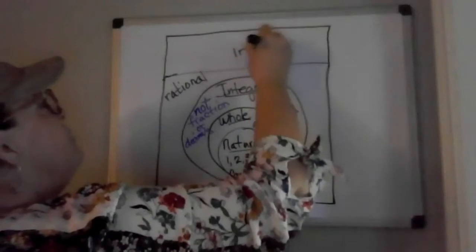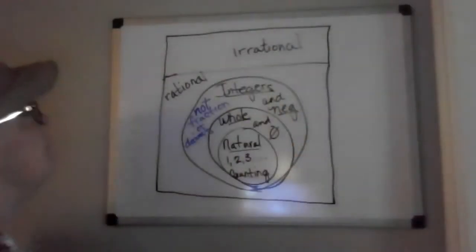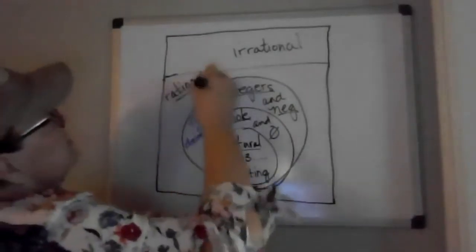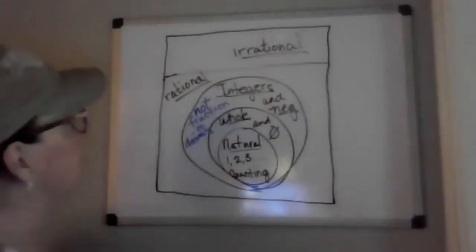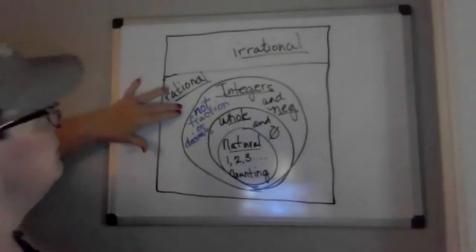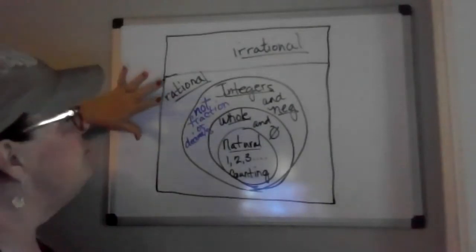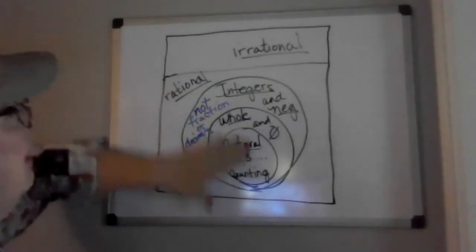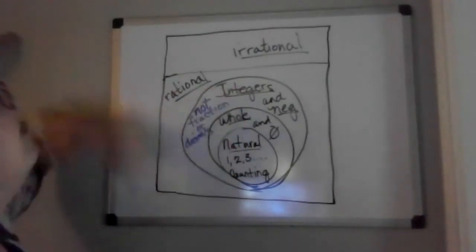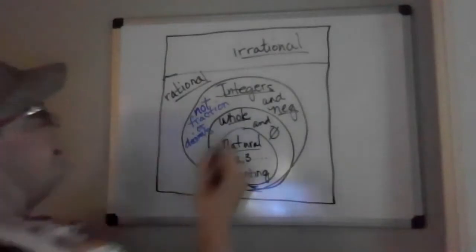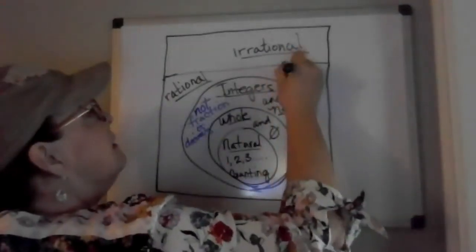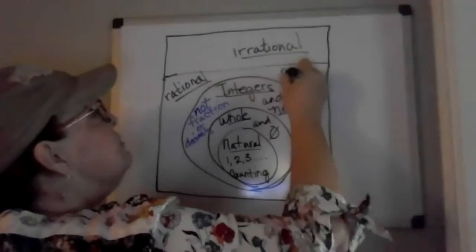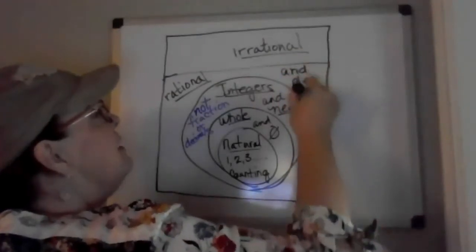Now, for a while, these were the hardest ones for me to figure out, the difference between rational and irrational. When you get to rational numbers, this is where you add the fractions and then you have decimals. So it's all of these, and then we add decimals and fractions.